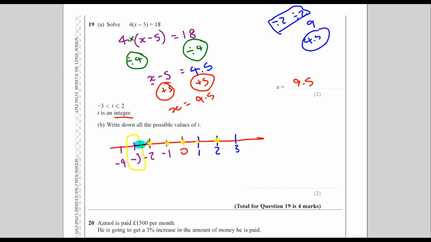Okay, so the range that we're talking about is here. We do include this guy at the end, but we don't include this because we don't have the extra equal sign as well. So your answer's minus 2, minus 1, 0, 1, and 2.